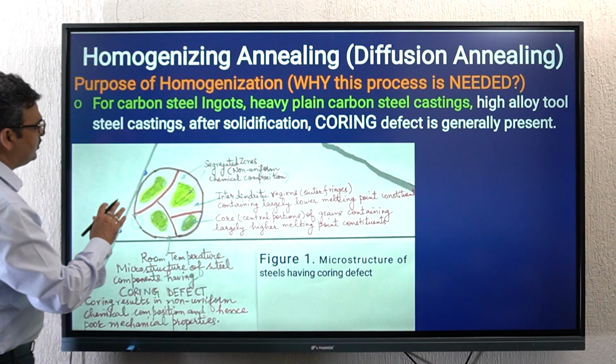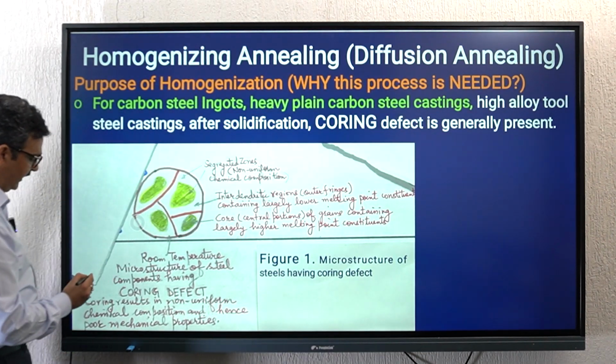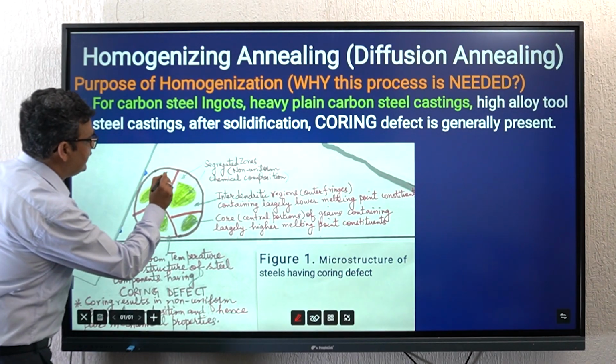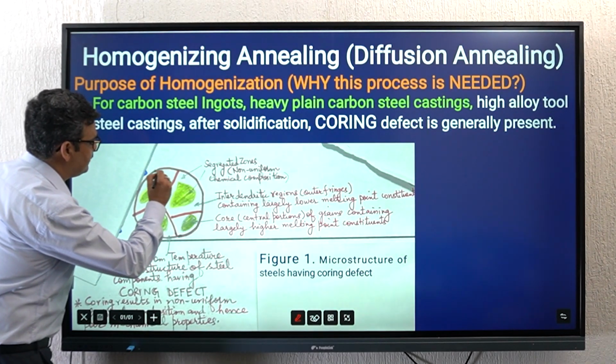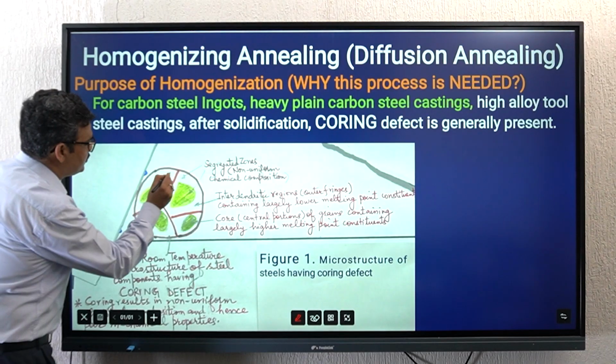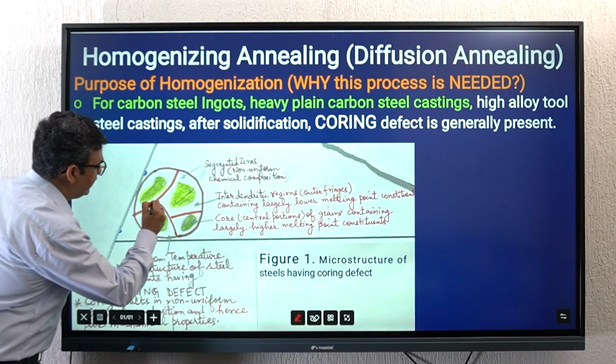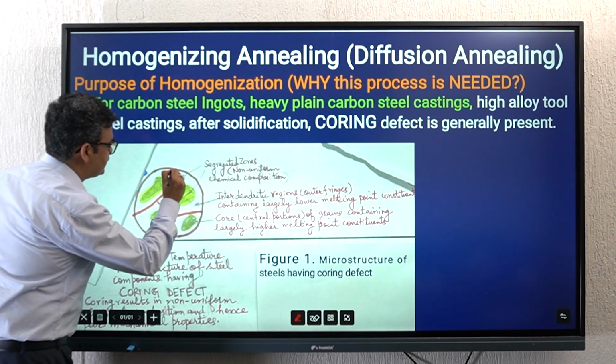For example, here I have shown a very crude schematic of one steel whose microstructure is suffering from this coring defect. So this complete grain, students, should have been uniform in its chemical composition. But what I have tried to show is that this complete grain does not have uniform chemical composition throughout.